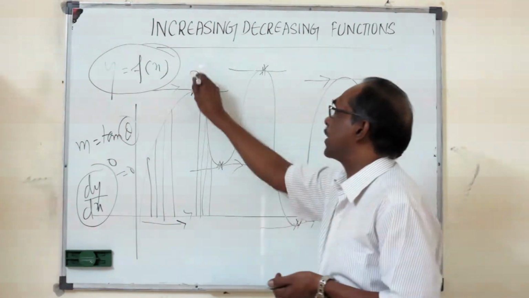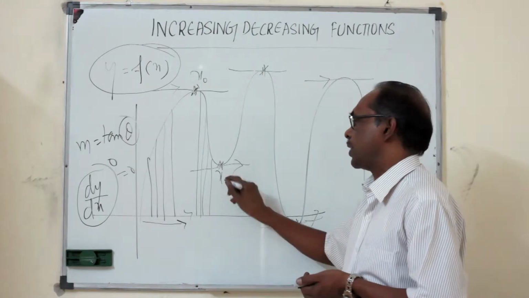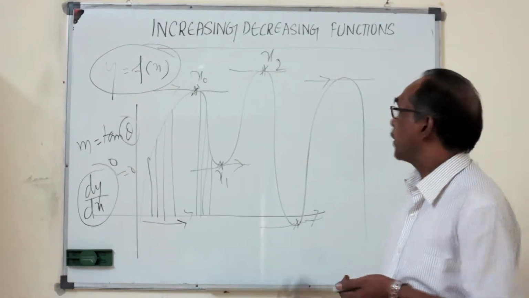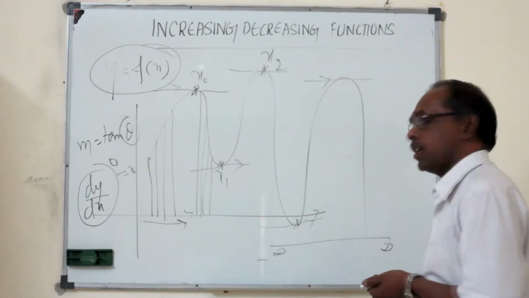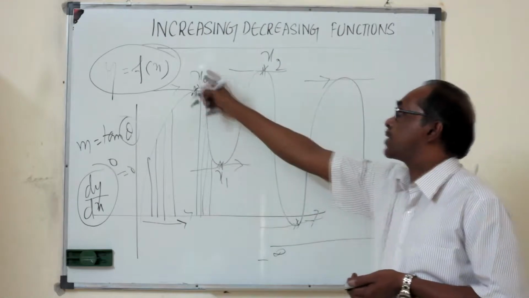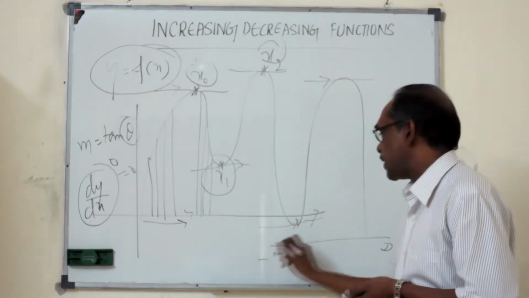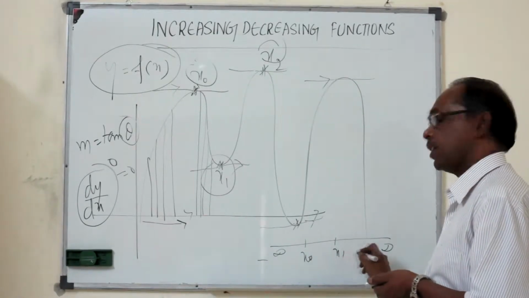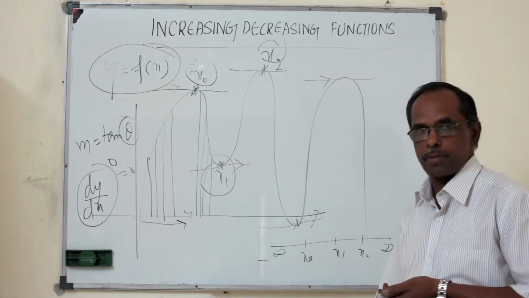So now for example, if I take this as one of the turning points x0, this is another turning point x1, this is another turning point x2, then the interval minus infinity to plus infinity is divided by these turning points x0, x1 and x2. So minus infinity to x0, x0 to x1, x1 to x2 and x2 to infinity.